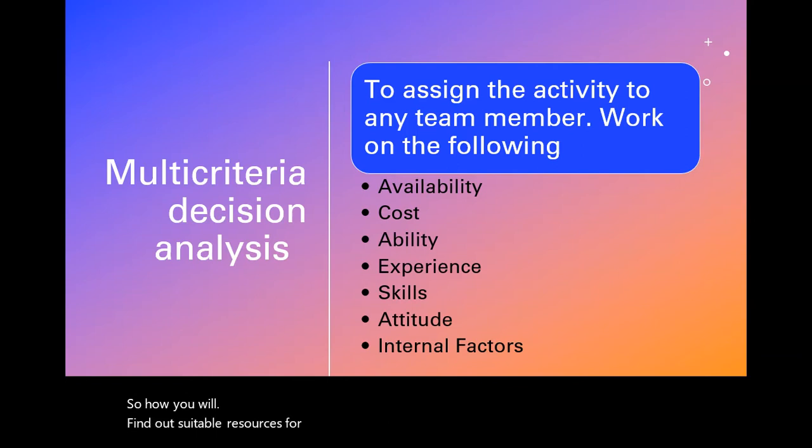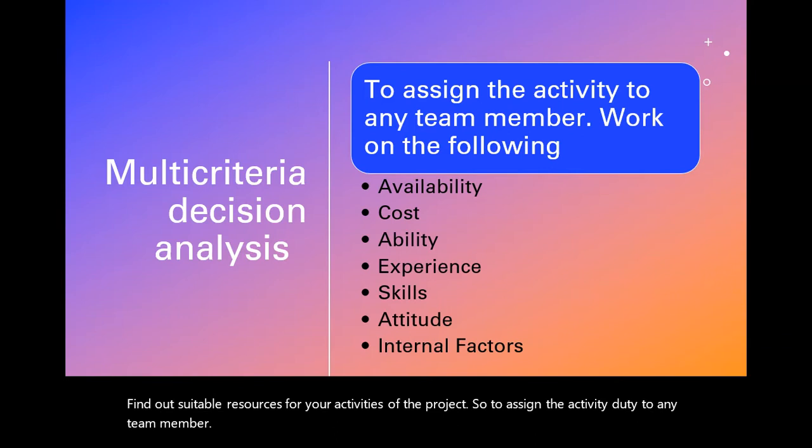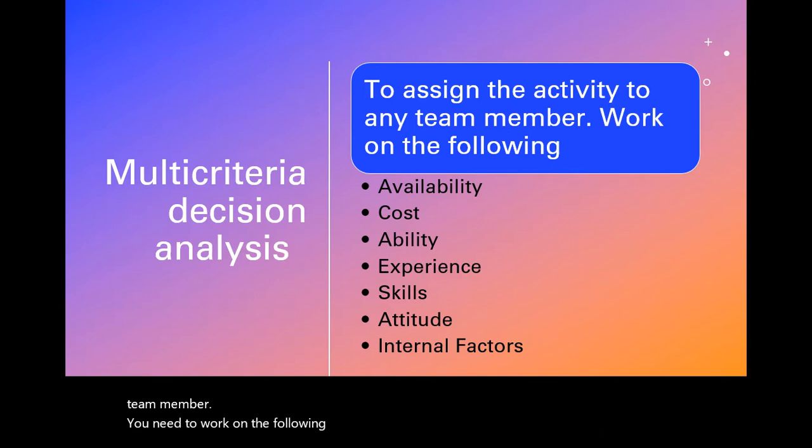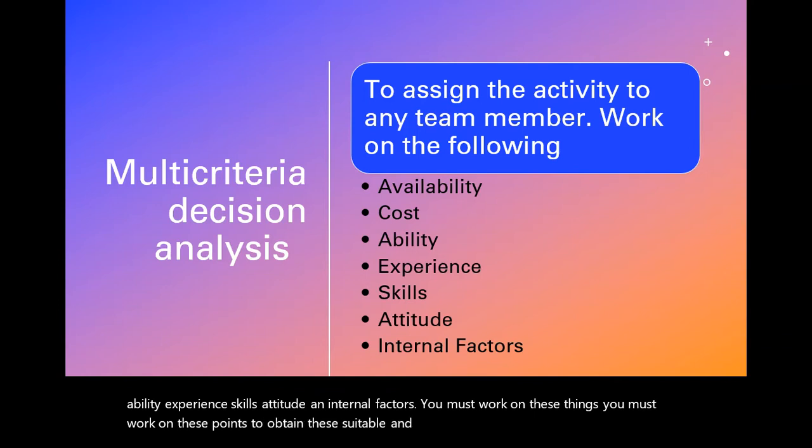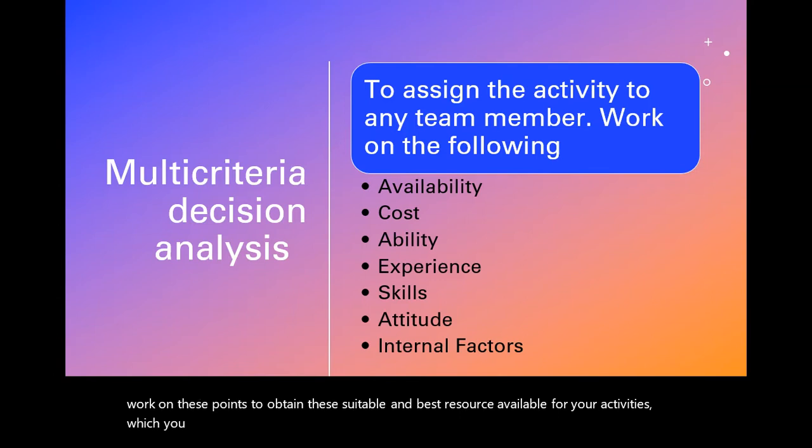To assign an activity to any team member, you need to work on the following: availability of the resource, cost, his or her ability, experience, skills, attitude, and internal factors. You must work on these points to obtain the most suitable and best resource available for your activities.